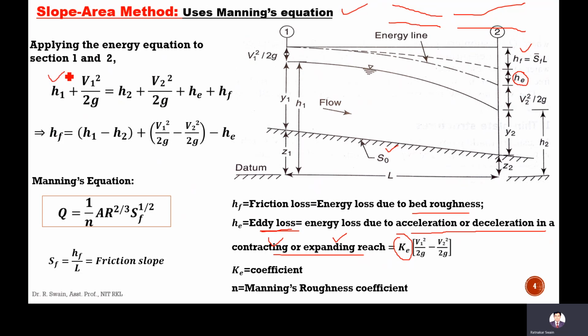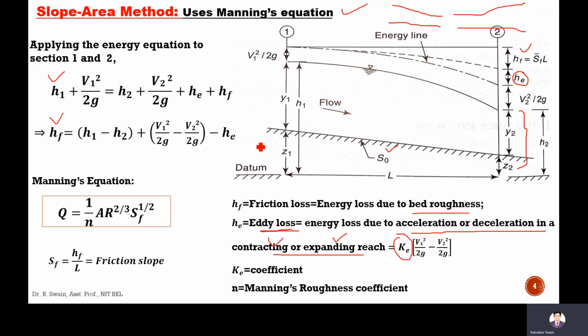So the loss between these two sections will be the difference in kinetic head times the coefficient. The energy equation between section 1 and section 2 is: H1 plus V1 square by 2g equals H2 plus V2 square by 2g plus HE plus HF, where H2 means Y2 plus Z2. Here HF can be calculated: HF equals H1 minus H2 plus V1 square by 2g minus V2 square by 2g minus HE.